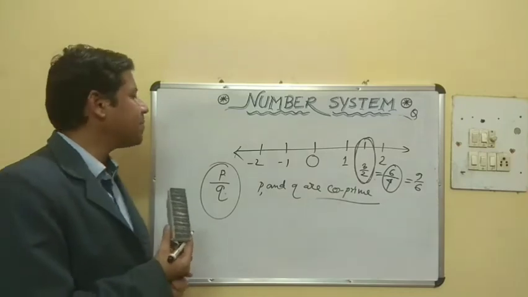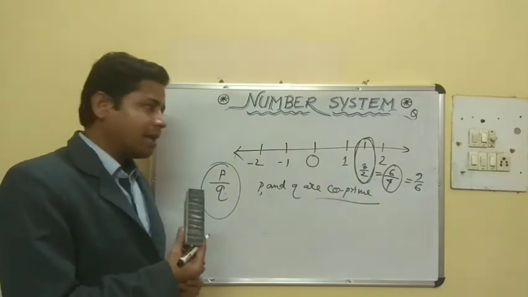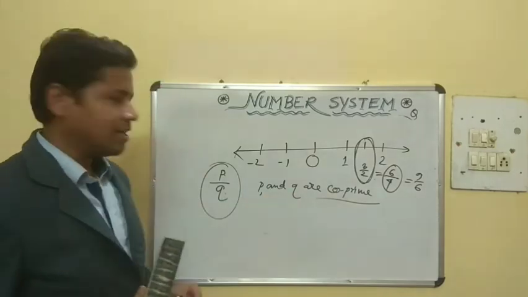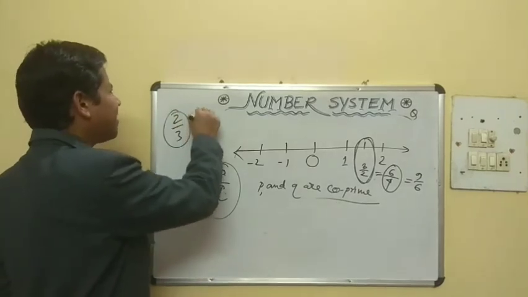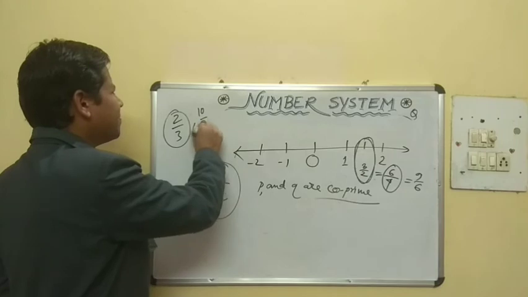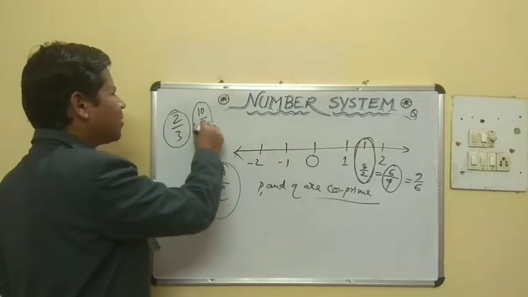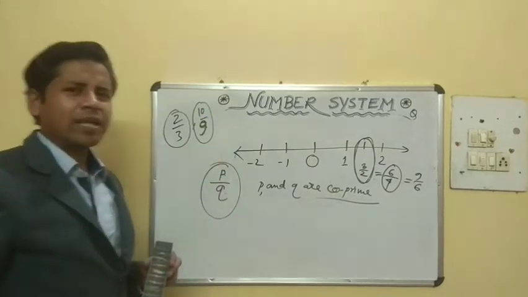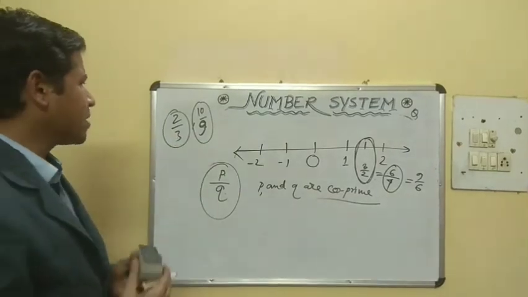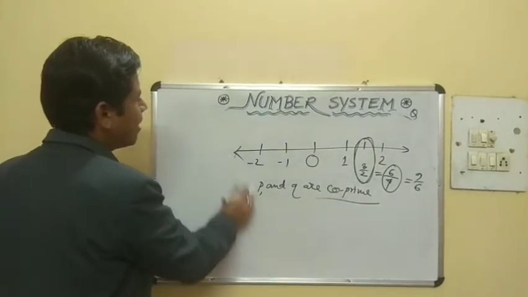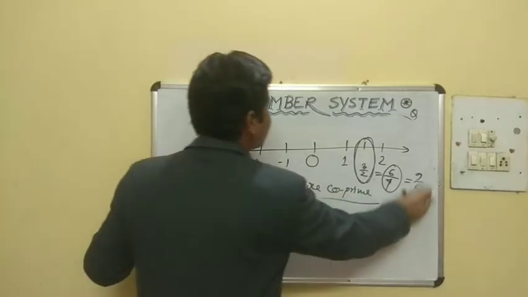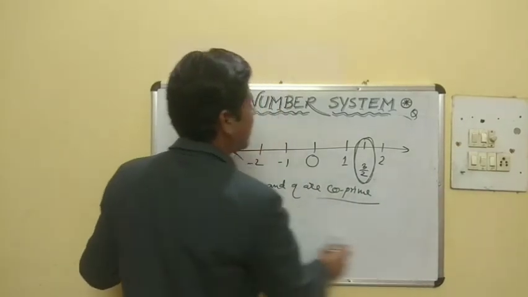That is, the HCF of them is 1. That means they are co-prime to each other. There may be 2 upon 3, there may be 10 upon 9. We can't cancel out between them, no cancelling of common factors will be there. So that means they will be in the simplest form. The denominator and numerator must be co-prime numbers.